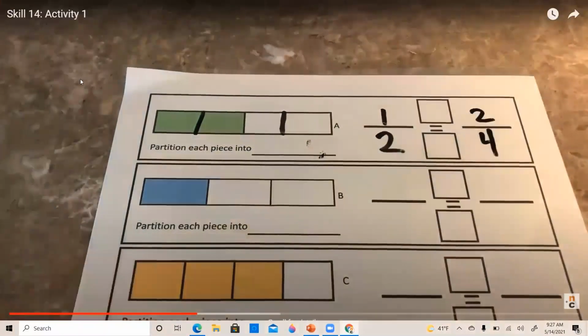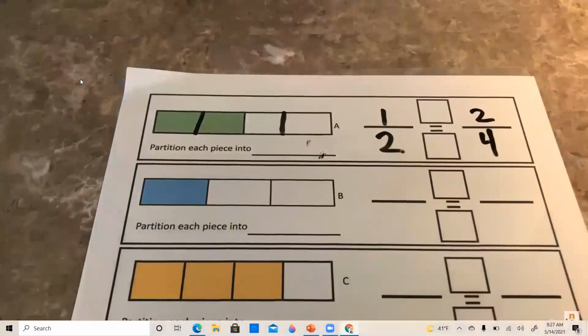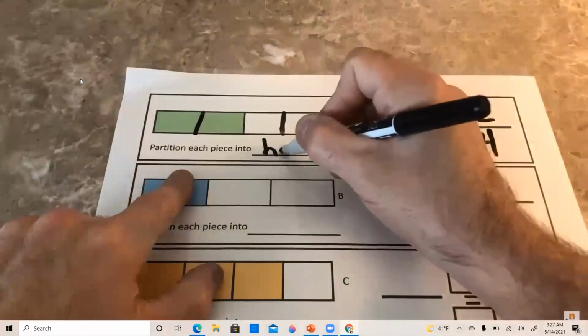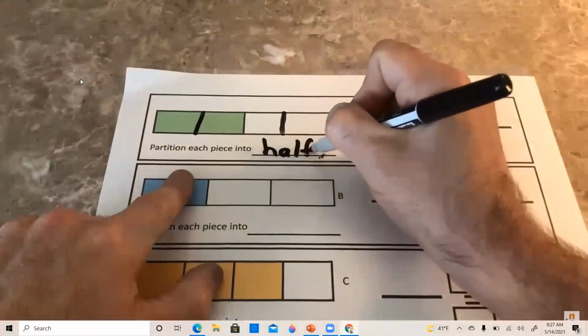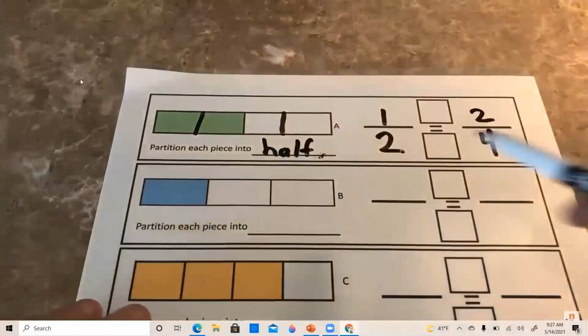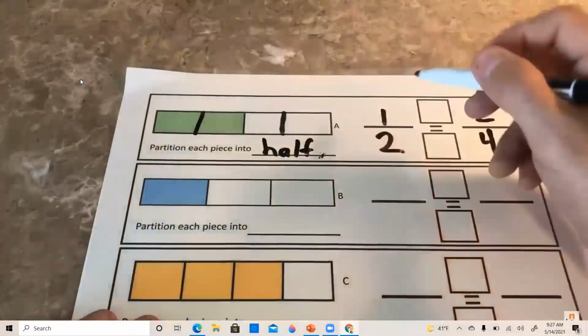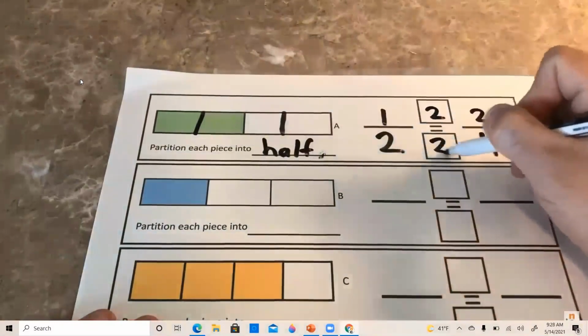And now we're going to look at what we actually were doing so we can connect this to the mathematical operation. If we cut each piece in half, we're going to write we cut each piece in half. So what we did was multiply this fraction by 1 whole in the form of halves.